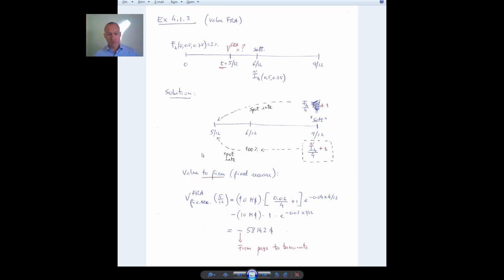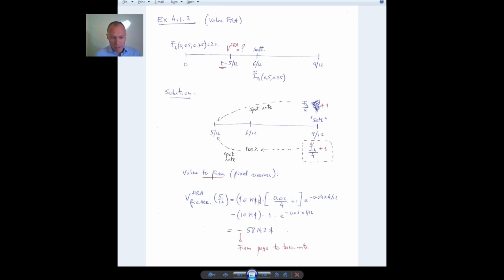So now I just need to put in the numbers. And again, be careful with the side of the contract. So I am computing the value to the firm, and the firm enters the contract as the fixed receiver, right? So this leg, that is the fixed leg, is being received, so it's a plus, and this is being paid, so it's a minus, right? So let's do this. It's 10 million, it's the notional.